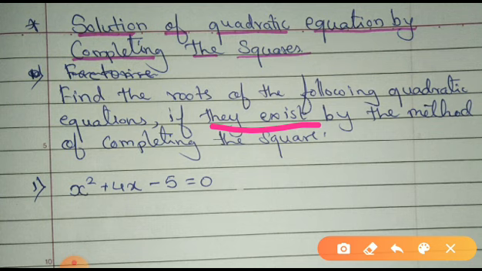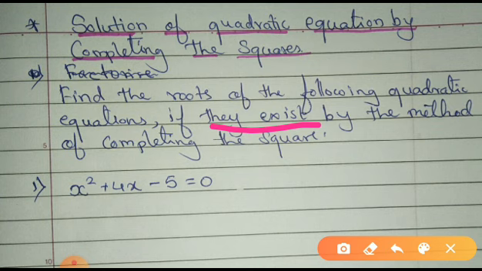So we'll be seeing the step-by-step procedure to be followed for this method. This is a very simple method. In the exam, if it is not mentioned, it will just say find the solutions of the given quadratic equation. You can make use of any method that you feel is easy. Factorization method is the first one. The second method is completing the square.